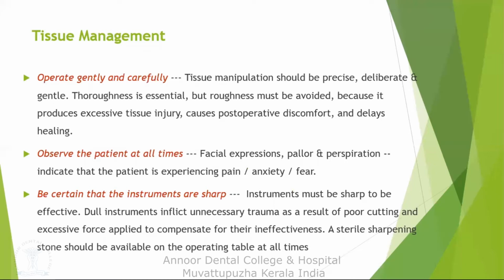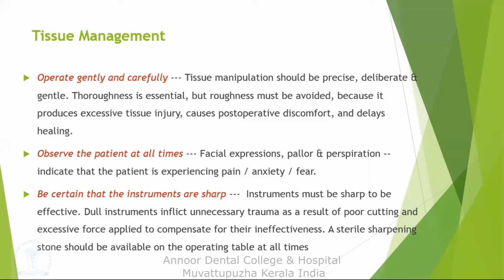You have to operate gently, carefully. Tissue manipulation should be precise, deliberate, and gentle. Thoroughness is essential, but roughness must be avoided because it produces excessive tissue injury. It is the softest tissue in your body. You can tear it at a whim's time.